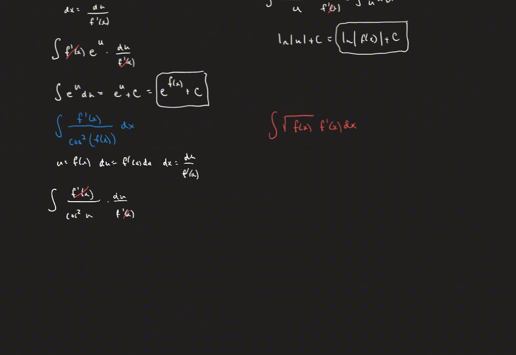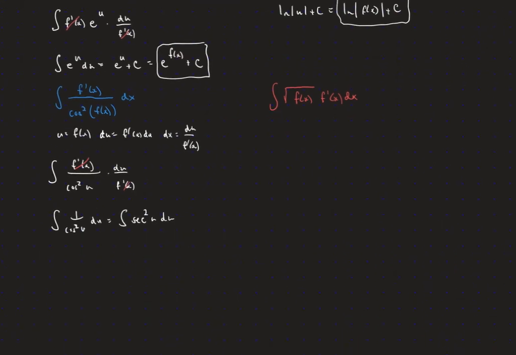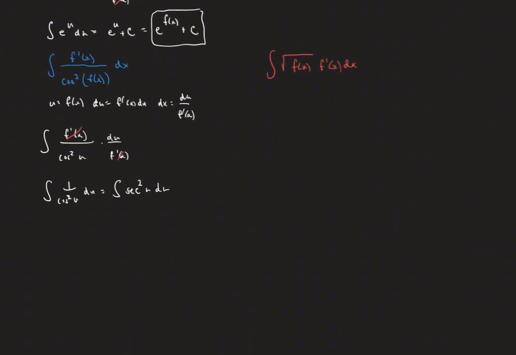And if we remember, 1 over cosine squared u du, 1 over cosine squared is the same thing as secant squared of u, and we know that secant squared is the derivative of tangent. And so that will give us the tangent of f of x plus c.